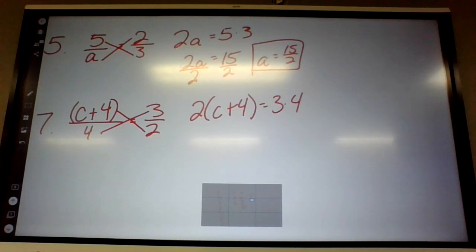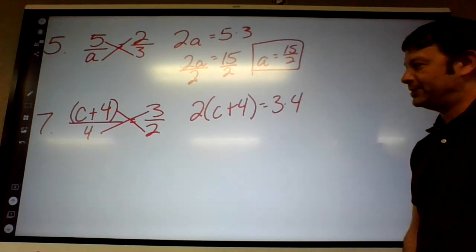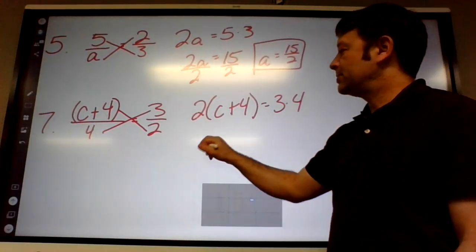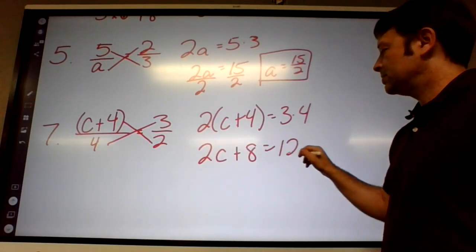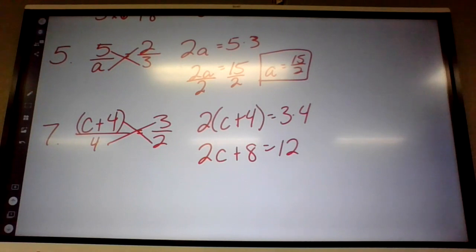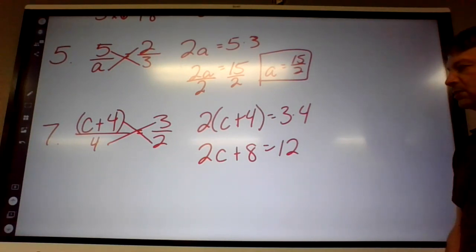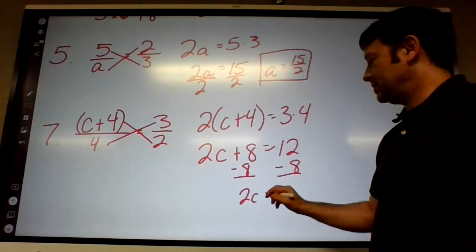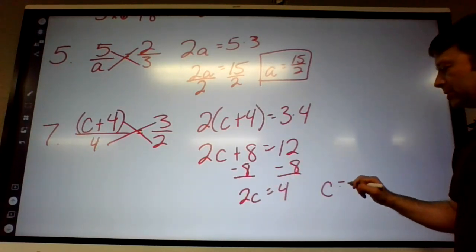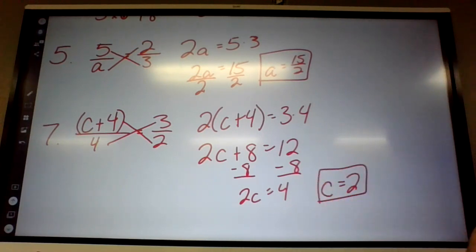Not just 2 times 4, not just 2 times C, it's 2 times that, equals 3 times 4. So yeah, it's 2C plus 8 equals 12. So 2C equals 4, therefore C equals 2.